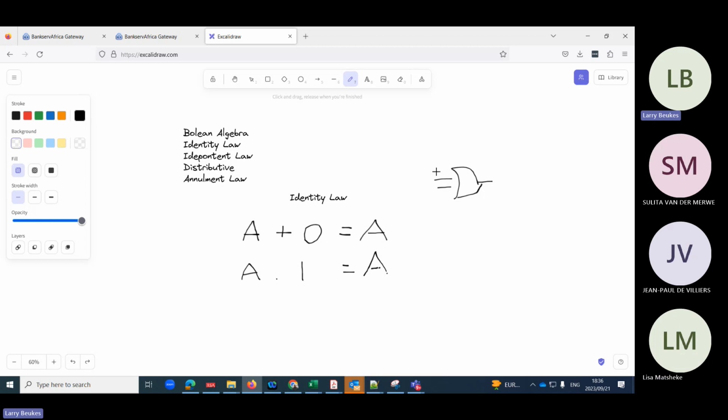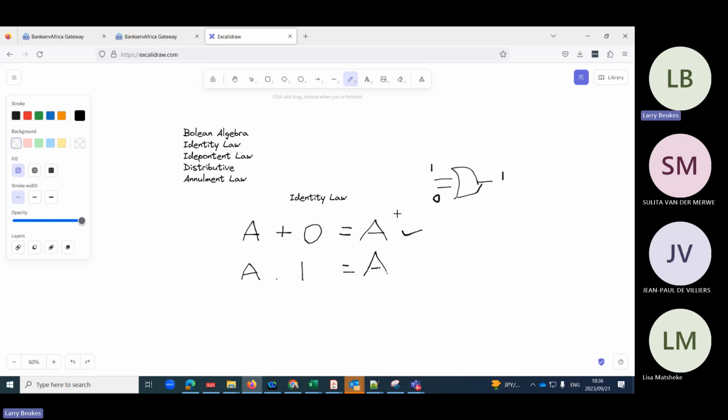So we know in an OR gate, if you pass a 1 here and a 0, the output will be 1, right? So in an OR gate, anything ORed with a 0 will be that thing. This is what it's saying here, identity law.